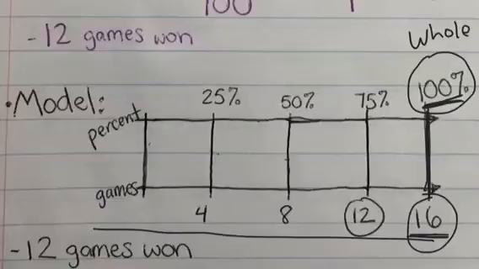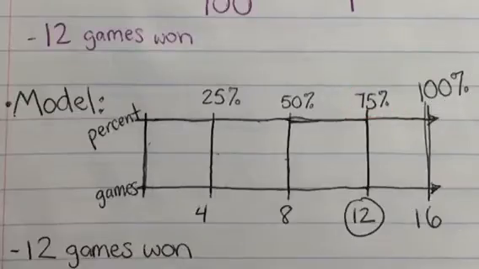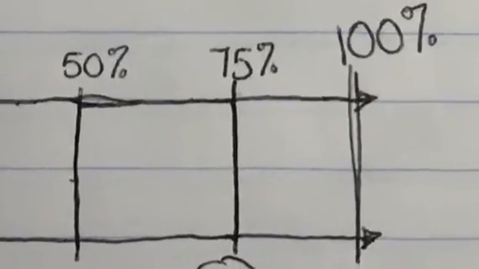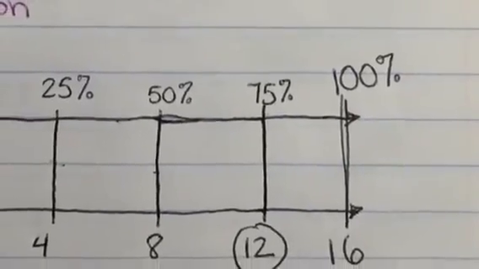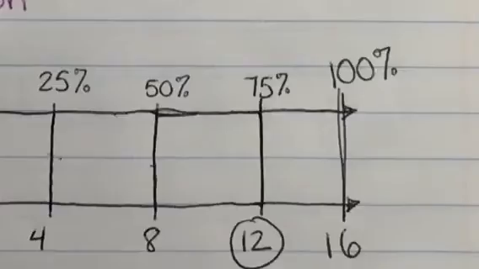All right, so if we know that they won 75% of those games, we got to think to ourselves, okay, if I jumped from 75 to 100, that means I jumped 25%.